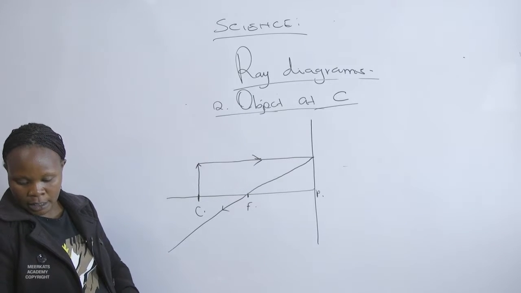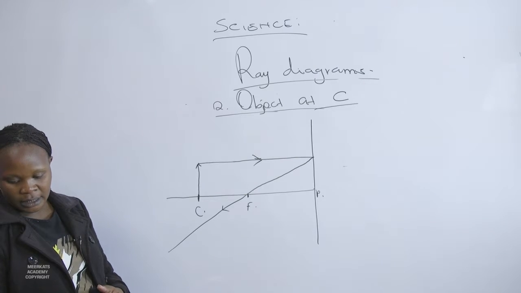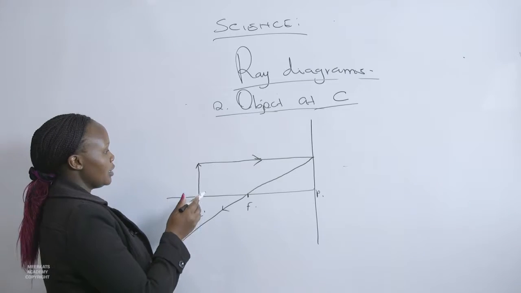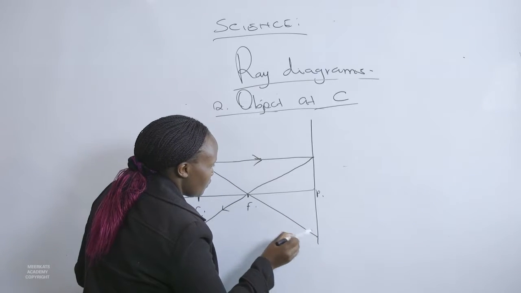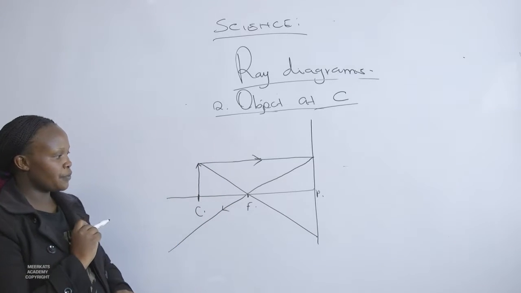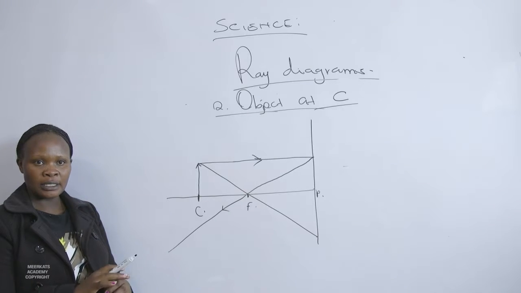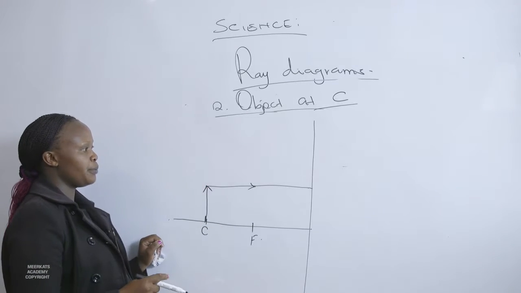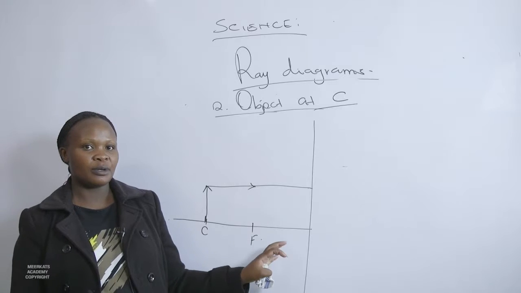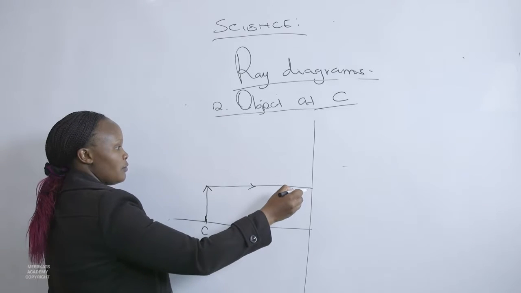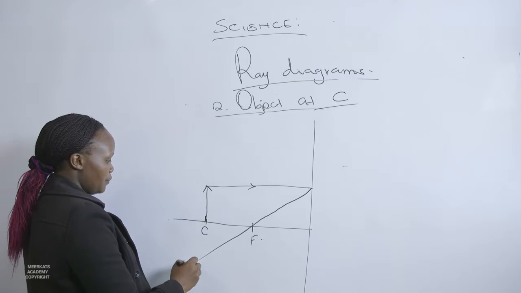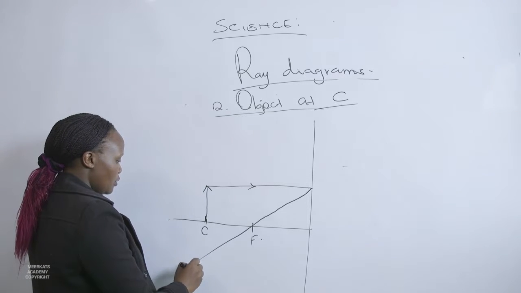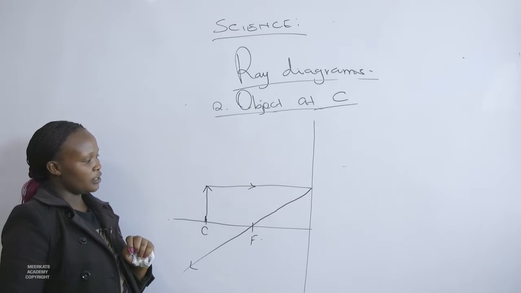Then we can consider another ray, through F, and from the tip parallel to the principal axis, it's going to be reflected in such a way that it will pass through F. So we have that kind of a reflection.